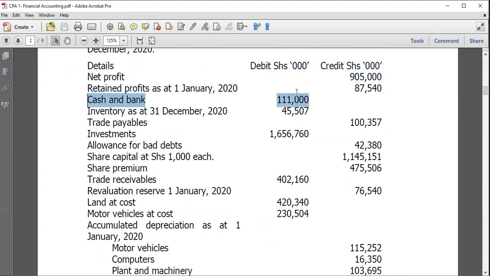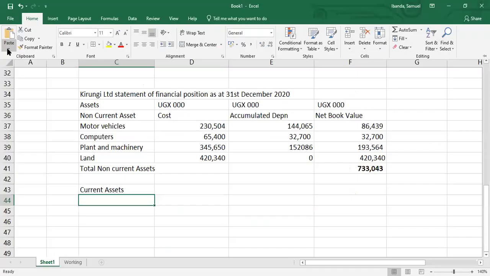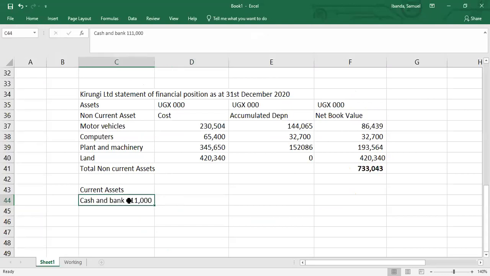But remember, if that inventory had an adjustment to it, I'll first pick cash and bank, then come back for the inventory. Cash and bank is 1111. So I'll just pick that value and put it under that column.